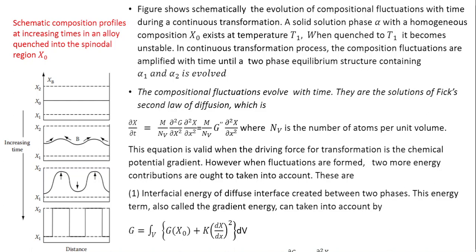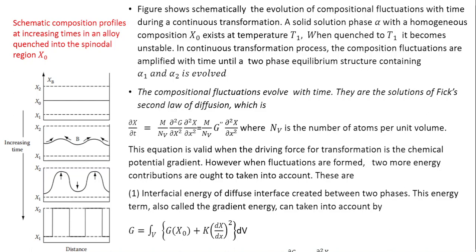This equation is valid when the driving force for transformation is the chemical potential gradient. However, when the fluctuations are formed, two more energy contributions ought to be taken into account. The first one is the interfacial energy of a diffuse interface created between two phases.